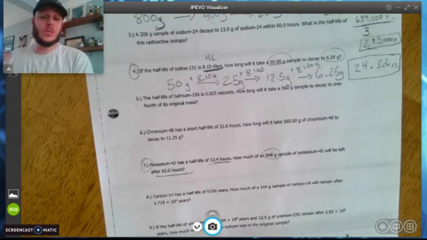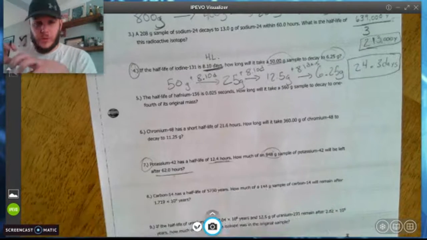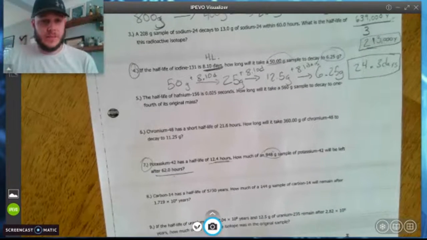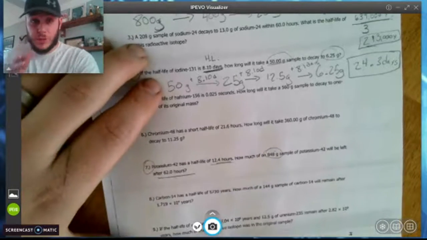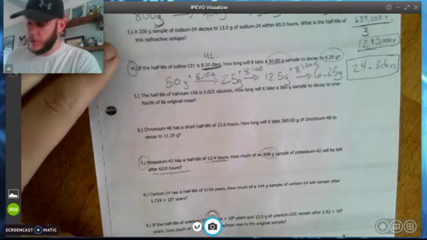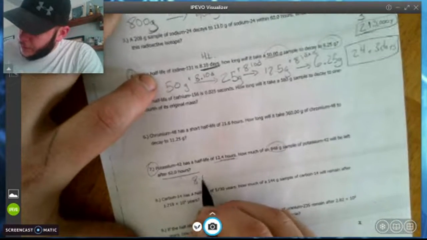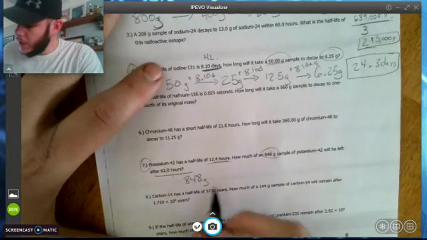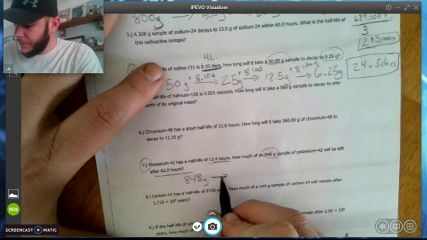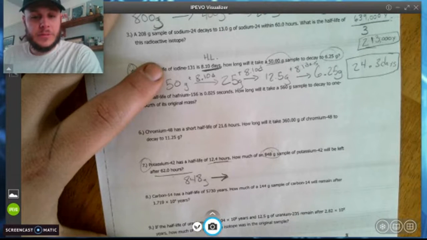So I'm just going to keep using this arrow method because it really is the simplest. Even though the box method has everything involved in it, this one just goes right to whatever you need, since we don't have to worry about fractions or anything like that. So I started with 848 grams. After 1 half-life, how much would be left?